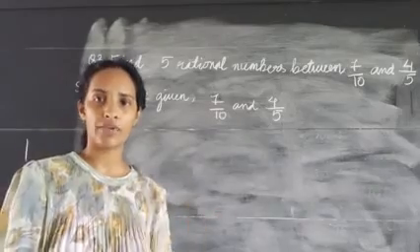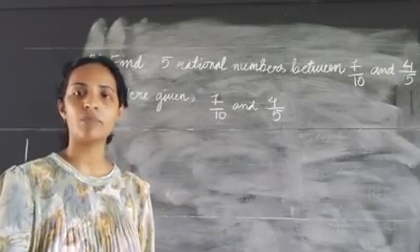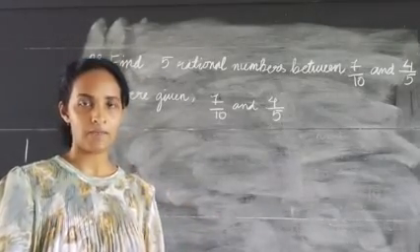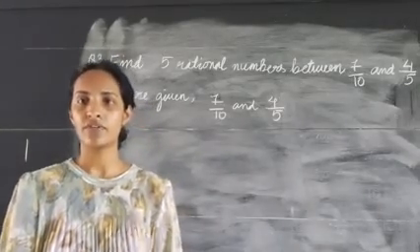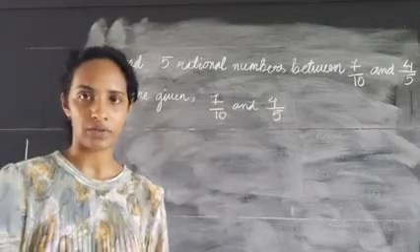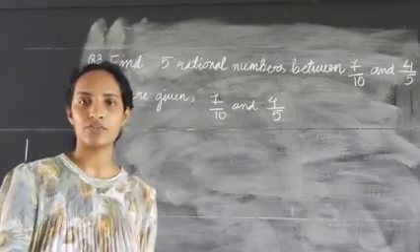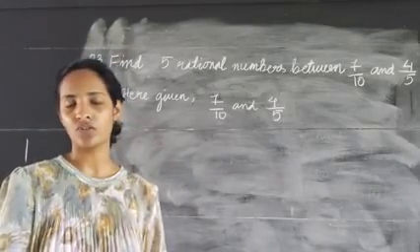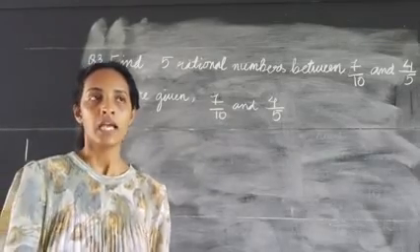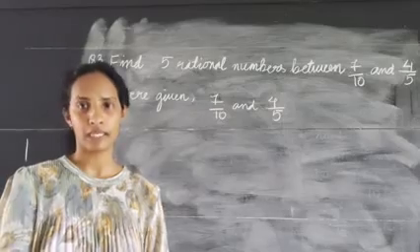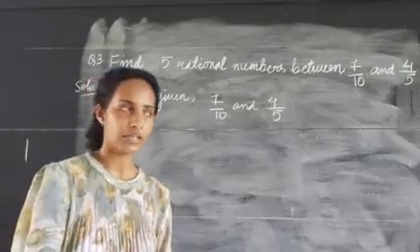If you do not know what fractions are, please go to your lower classes textbooks and refer to them. Also you need to know how to find the LCM of 2 numbers. Every class 9 student, in fact every class 8 student, should know how to find the LCM of the given numbers. LCM means least common multiple, so you have to find that.